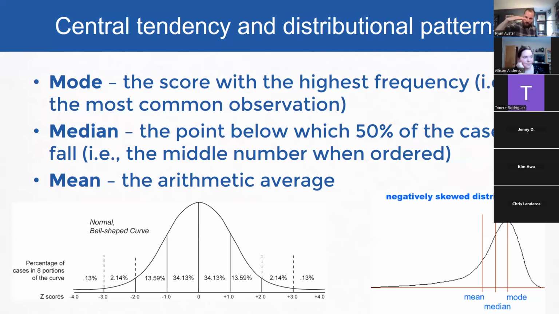Asymptotic means the distributional line, in theory, never touches that x-axis. Well, that's for continuous variables, right? For things with ceiling or floor effects, or for categorical variables, there is a stop, right? There's a bottom and a top to this distribution. And ceiling effects are likely to actually mirror this negatively skewed distribution right here.